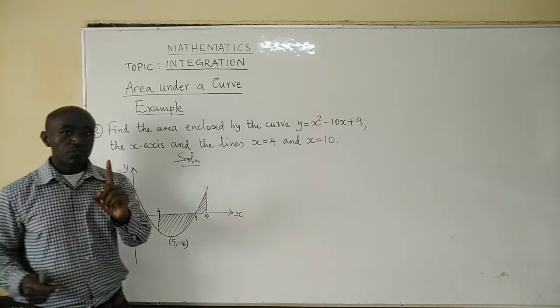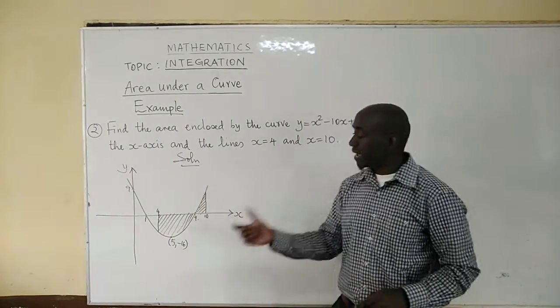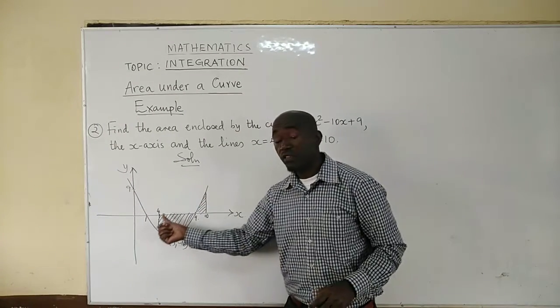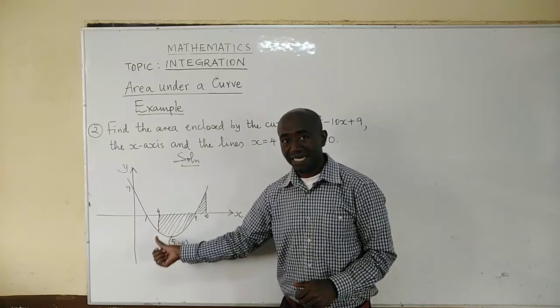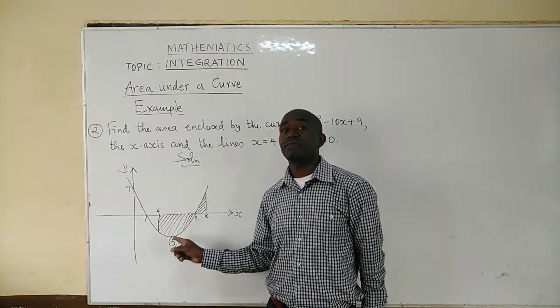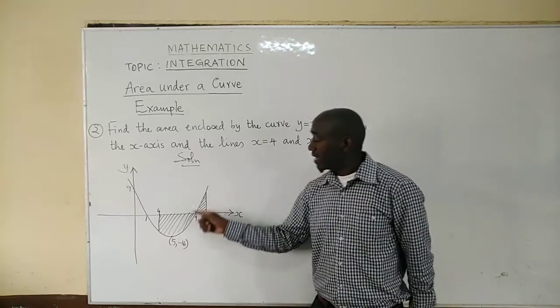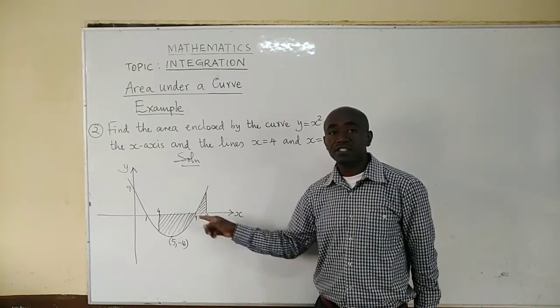So what we are supposed to do, my dear learner, is find the area of the region below the x-axis separately. And remember, we are going to get a negative answer. We ignore the negative. Then we find the area of this other region above the x-axis.